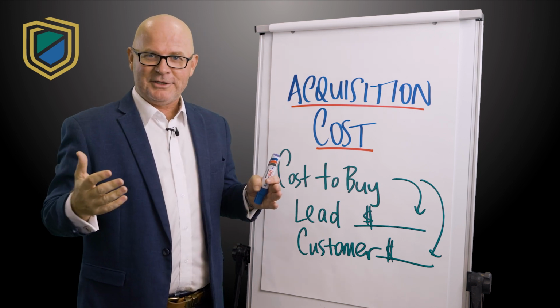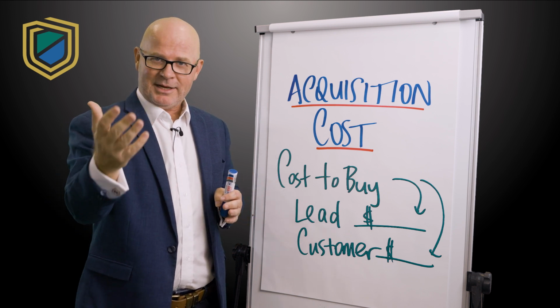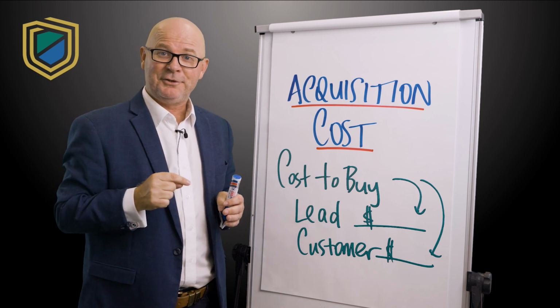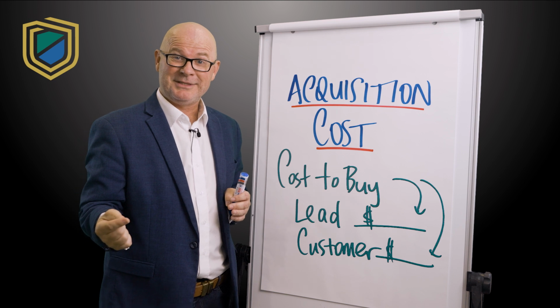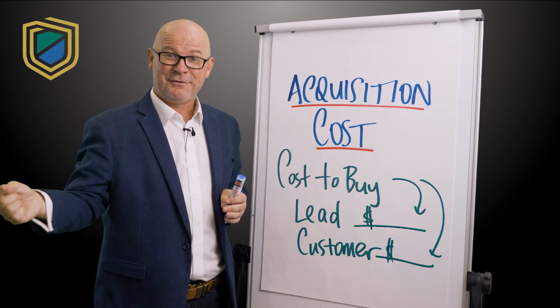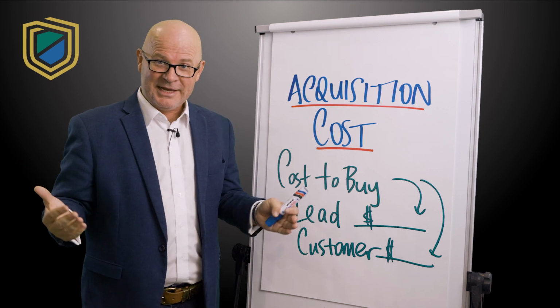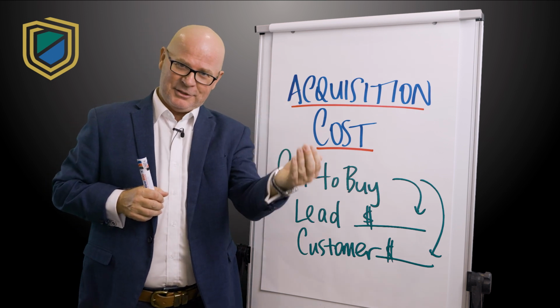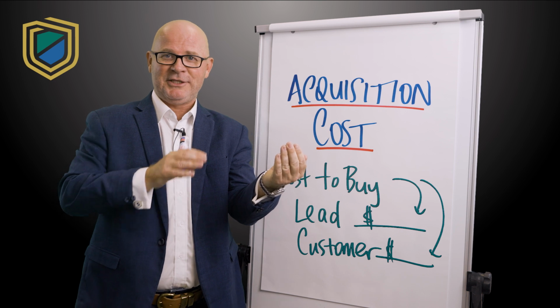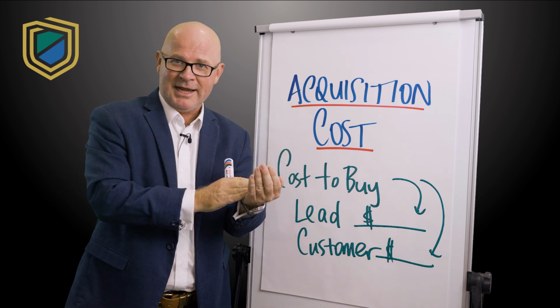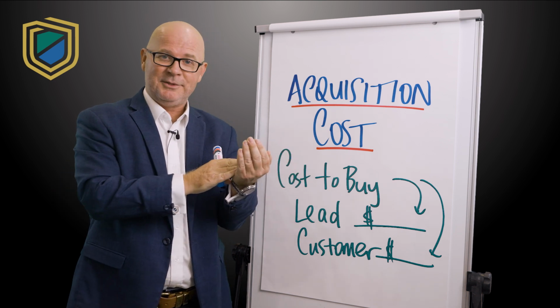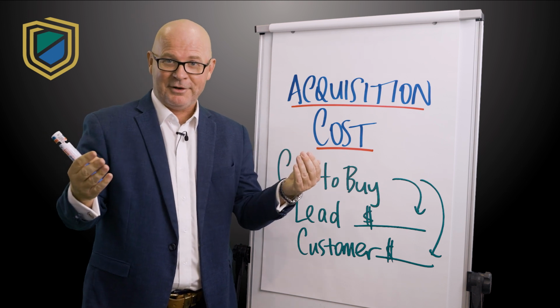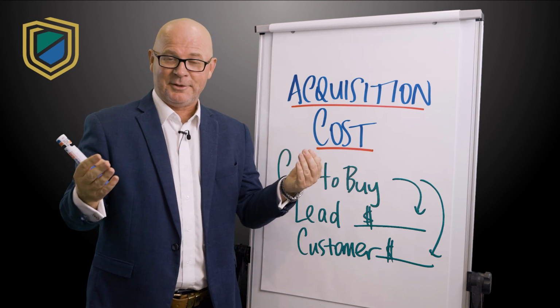Now, one of the questions that I will always ask you is, firstly, do you measure what your acquisition cost is per each of your different strategies? For example, if you were spending $1,000 on a marketing strategy over here and it got you 10 clients or customers, you would pay $100 per customer, right?